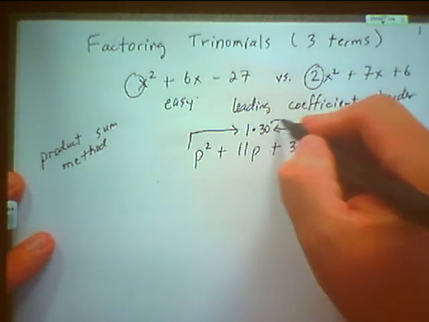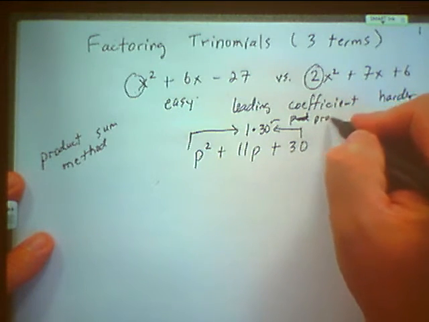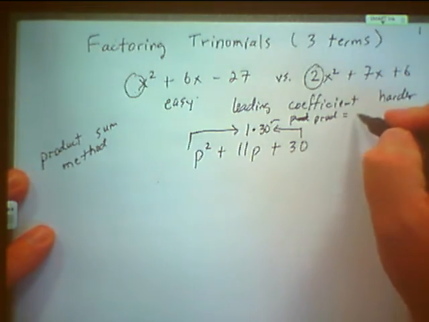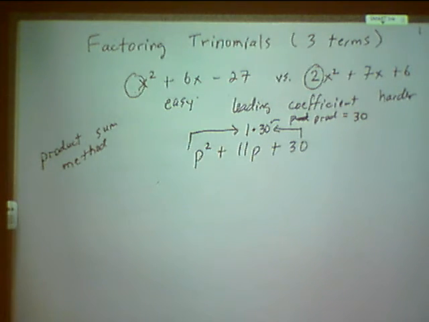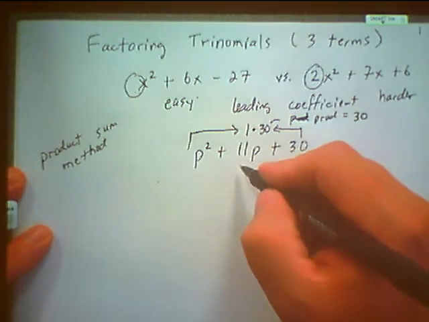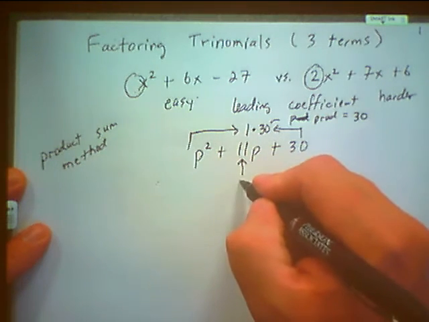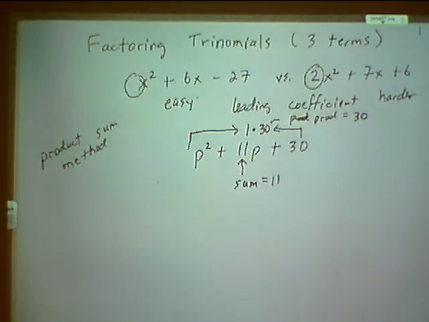This right here is what I'm going to call my product, or usually I just write PROD. So basically for this trinomial, my product is 30. Now this method's called product sum. The sum is simply the coefficient of what we call the middle term.